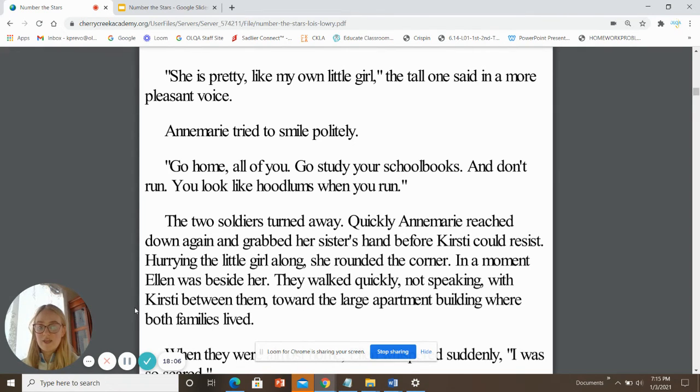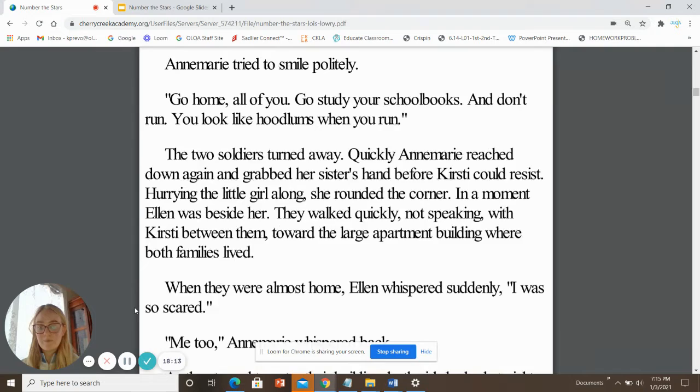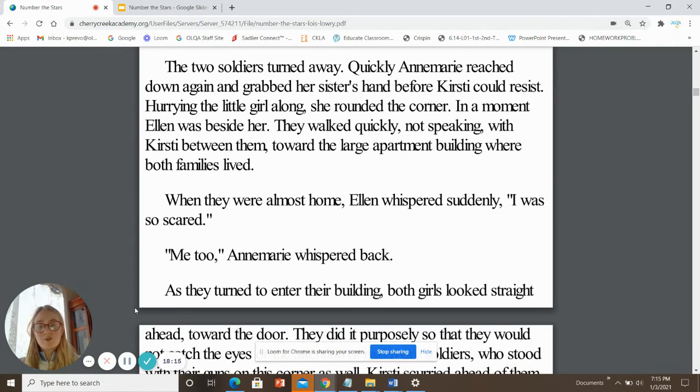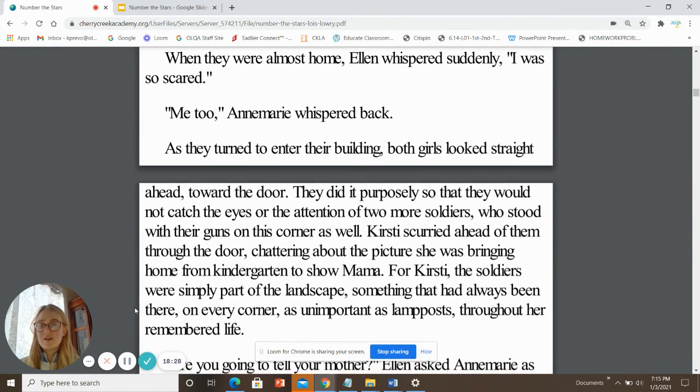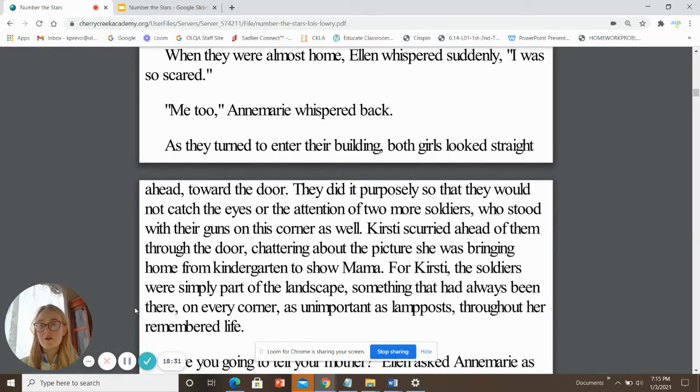They walked quickly, not speaking, with Kirsty between them, toward a large apartment building where both the families lived. When they were almost home, Ellen whispered suddenly, I was so scared. Me too, Anne-Marie whispered back. As they turned to enter their building, both girls looked straight ahead, toward each other. They did it purposely so that they would not catch the eyes or attention of 2 more soldiers who stood with their guns on this corner as well.